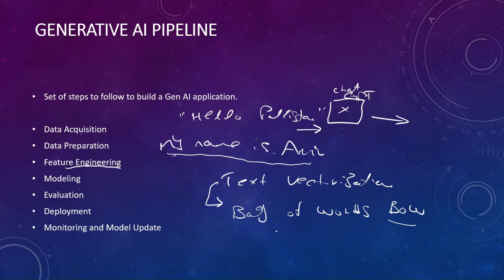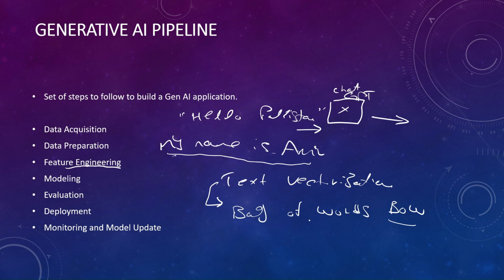Sentiment analysis means that if there is a movie and people comment on it, whether they like it or not. If there is a sentence like "the movie was very good," using bag of words text vectorization, we can easily identify whether it was a good or bad comment, a good or bad review.